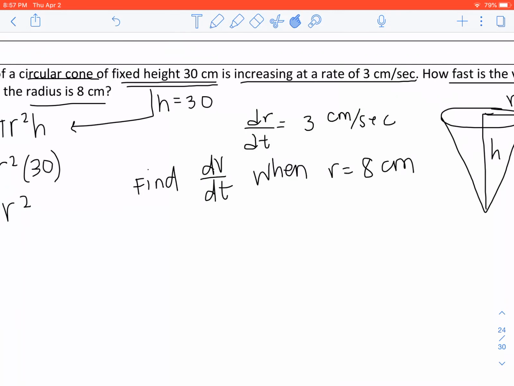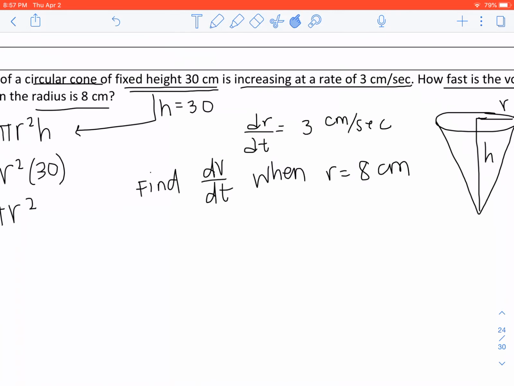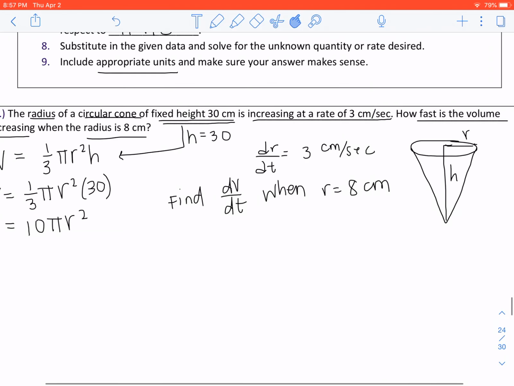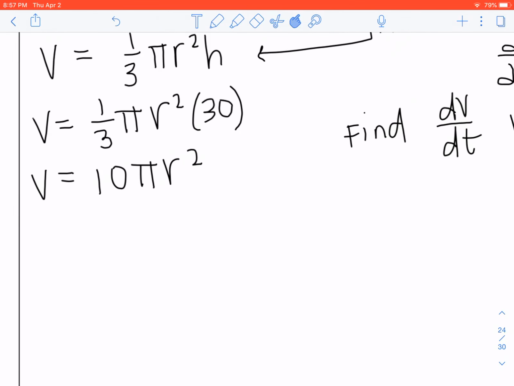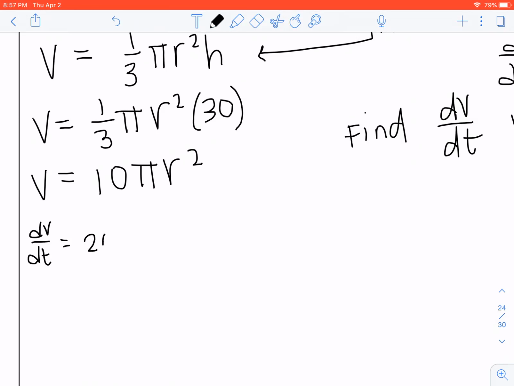So right now we have our equation set up. We plugged everything in. Once we get this way, we're going to go ahead and use implicit differentiation and take a derivative of our equation with respect to time. So taking the derivative of V with respect to time is just going to be dV/dt equals, for 10 pi r squared, taking the derivative of the right side with respect to time, is going to become 20 pi r times dr/dt.